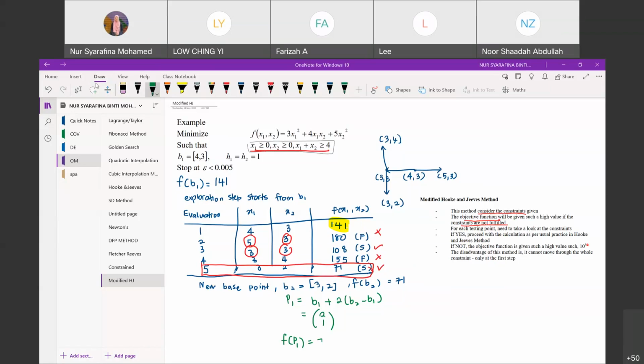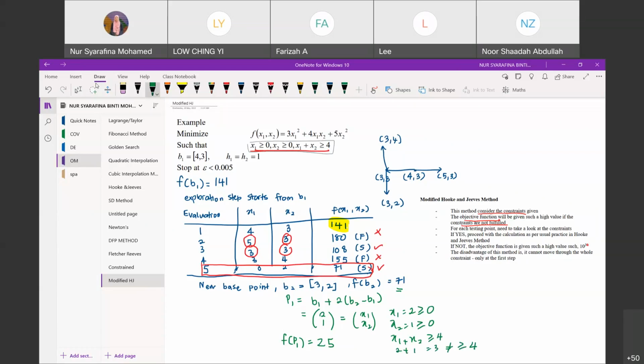Okay, of course, it is less than the objective value here, 71. But does it fulfill the constraint? 2 greater than 0. So x1 is 2 greater than 0. x2 is 1 greater than 0. x1 plus x2 must be greater than or equals to 4. So 2 plus 1 is 3, which is not greater than or equals to 4.